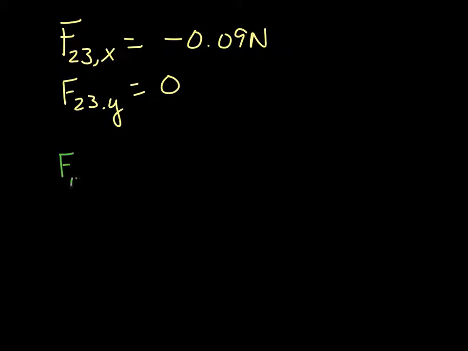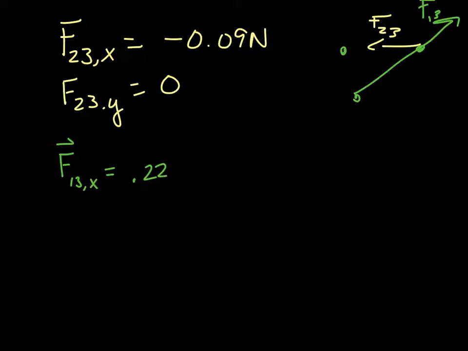For F13 in the x direction, let's sketch this over here real quick. Like that. So this is F13. This is F23. And so F13 was your magnitude, so 0.225. You're looking for the adjacent side to this angle.